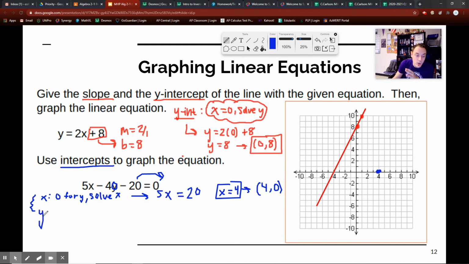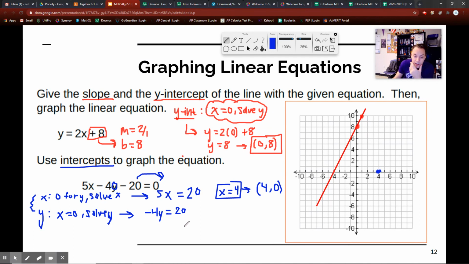So what about my y-intercept? Well, I already kind of told you right here. I plug in 0 for x, and then I want to solve for y. So what does that look like? If I plug in 0 for x right here, I'm left with negative 4y equals 20 if I add the 20 over.